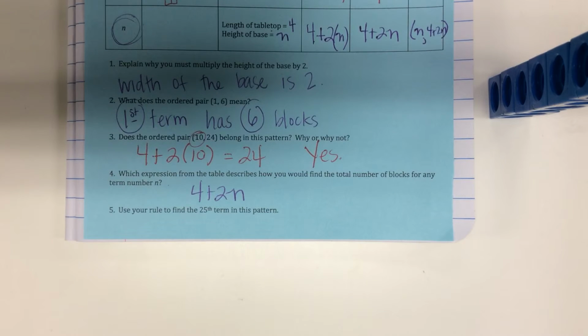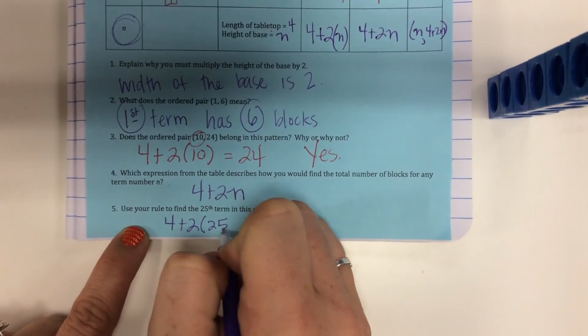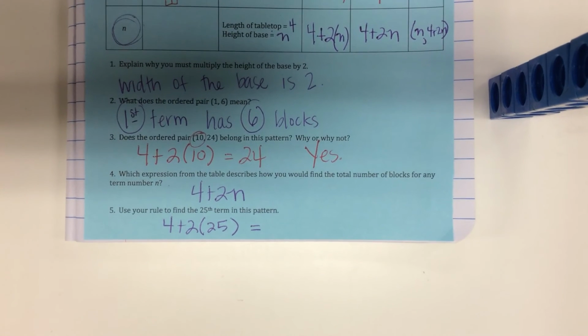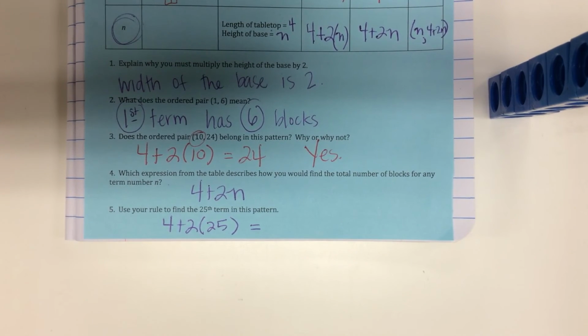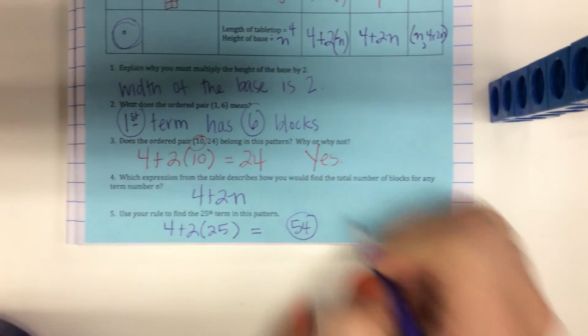No, you don't. Zach H., what do you do? Put 25 in as n. 2 times 25 plus 4. The 25th term is 54.